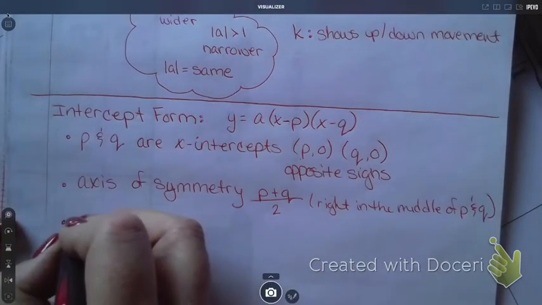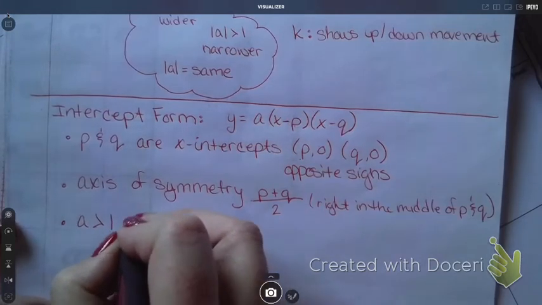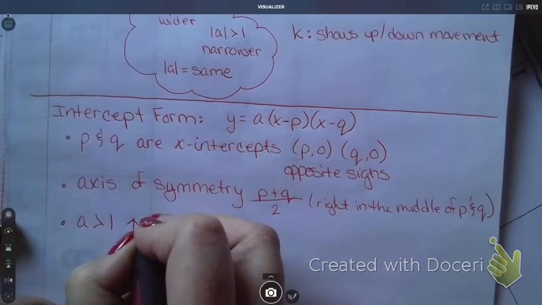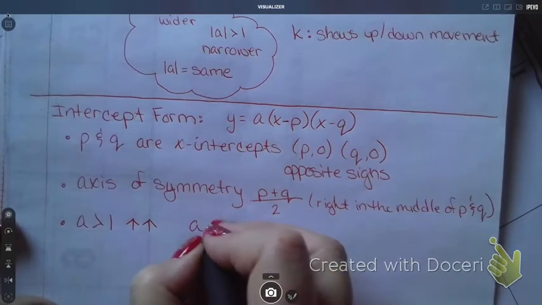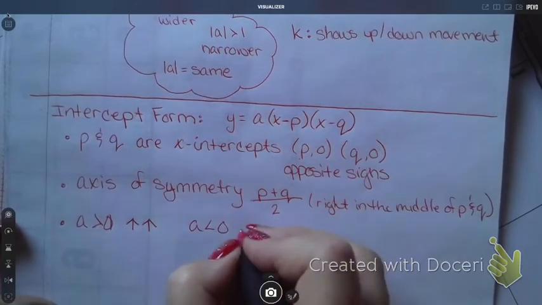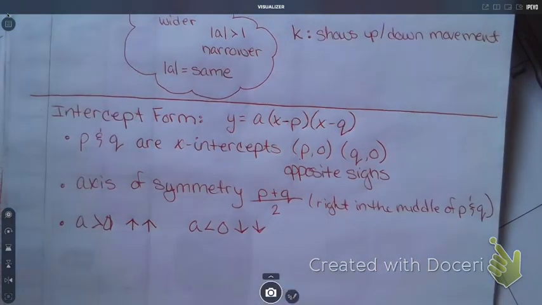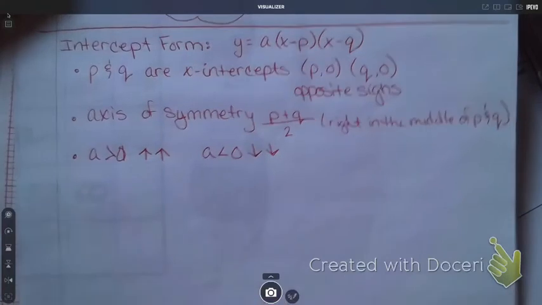Again, if A is greater than 0, it opens up. And if A is less than 0, it opens down. So those are the characteristics of the intercept form.